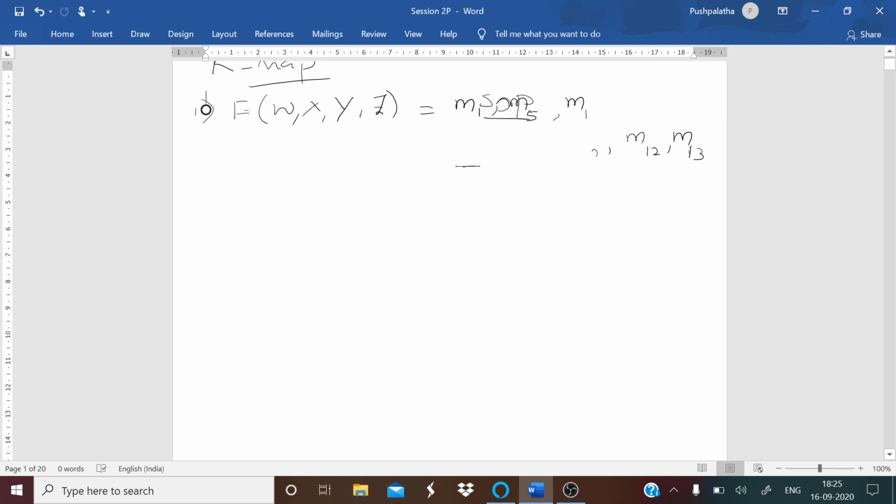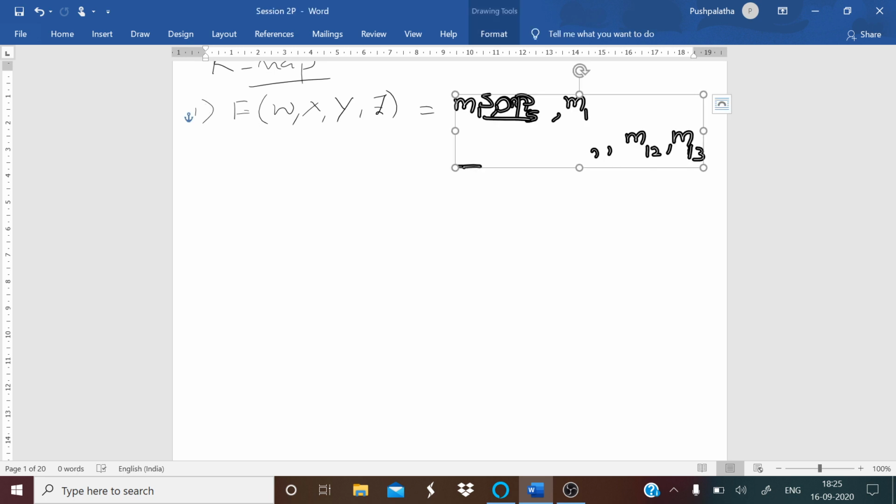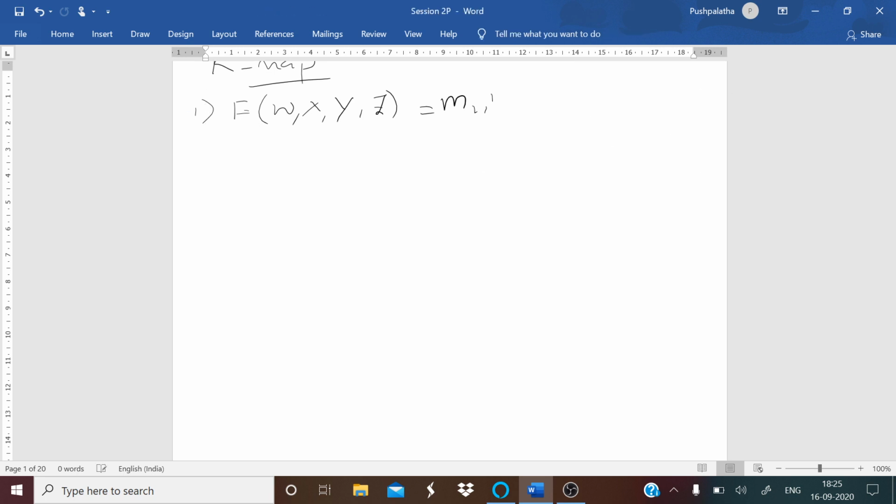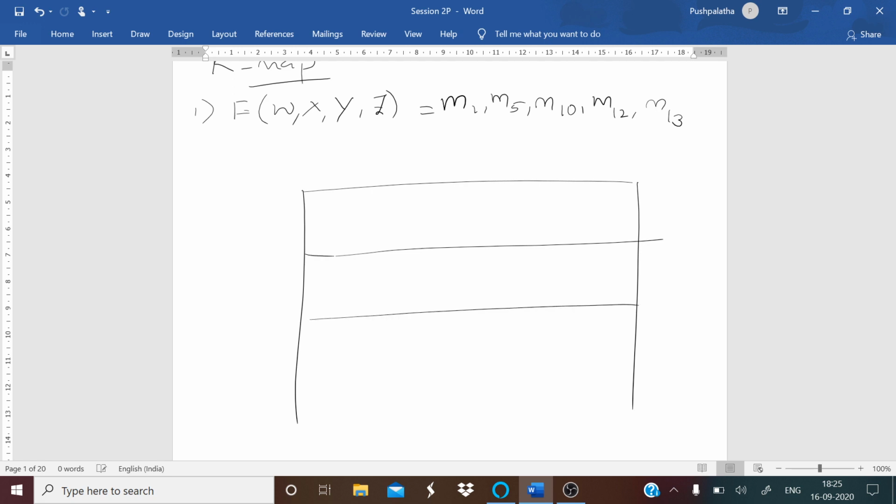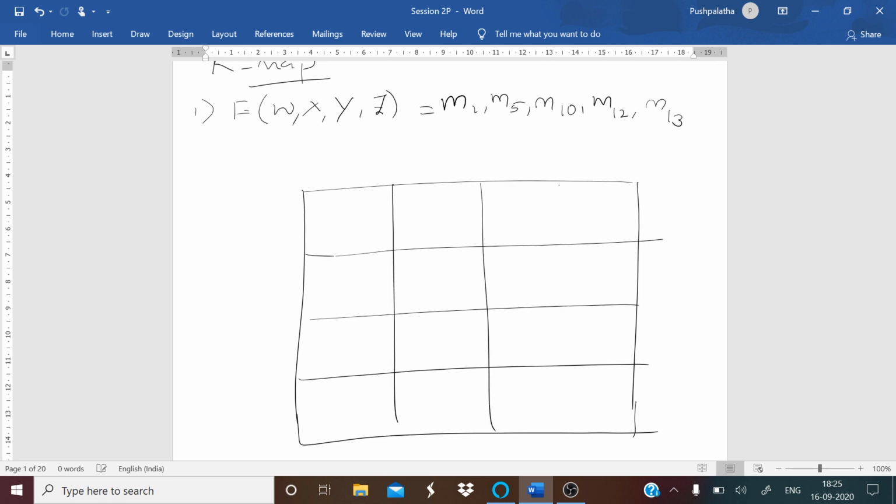Now this is your M1, M5, M10, M12 and M13. So it is a 4-variable map as already mentioned. So draw the map. This is your WX, this is your YZ, 00, 01, 11, 10, and 00, 01, 11, 10.